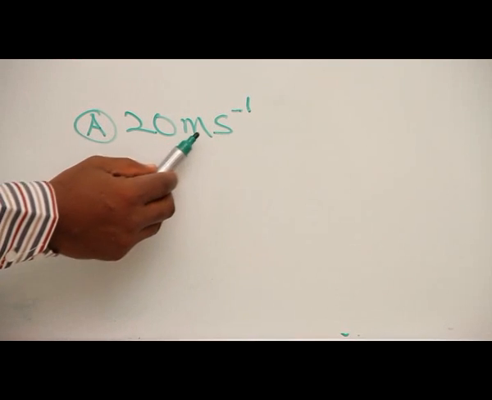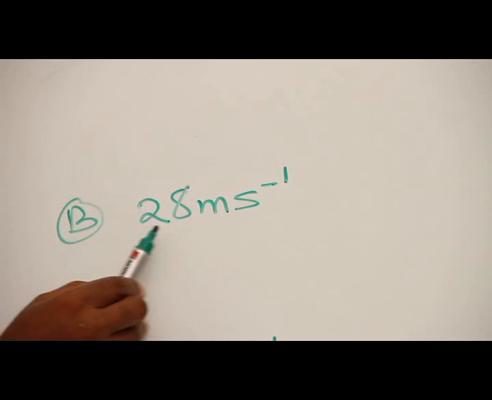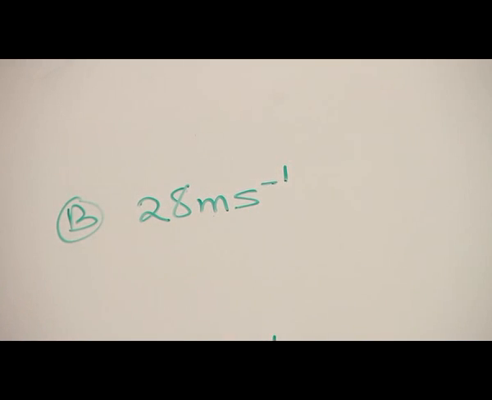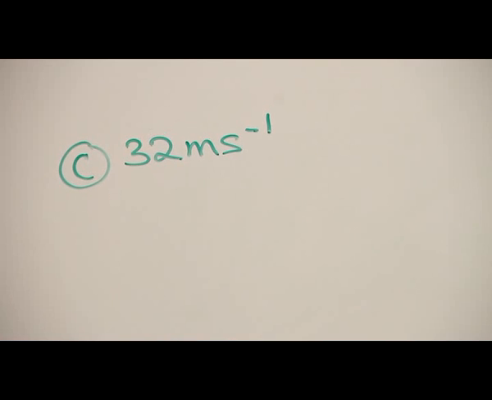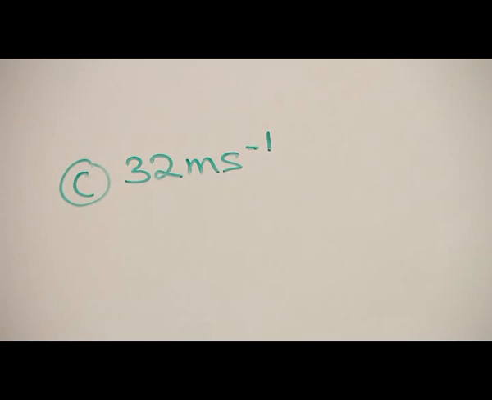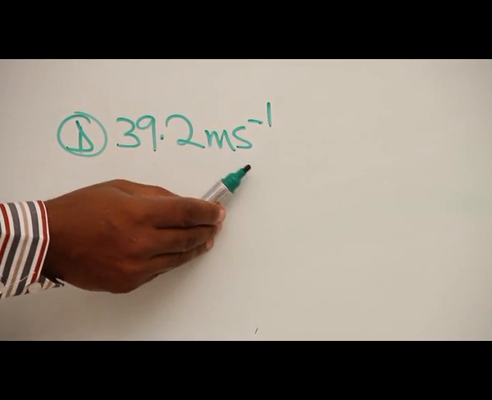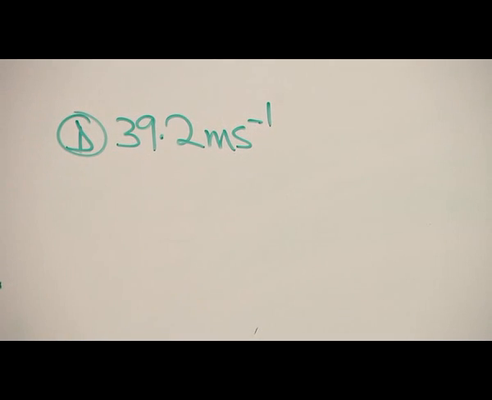Option A, 20 meters per second. Option B, 28 meters per second. Option C, 32 meters per second. Option D, 39.2 meters per second.